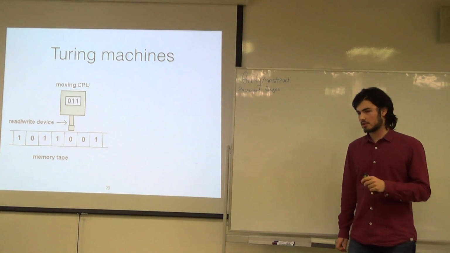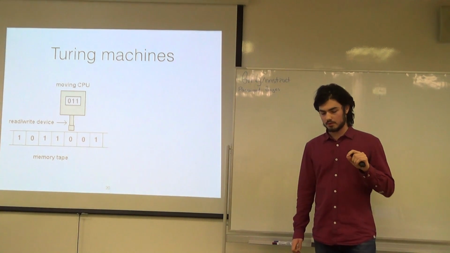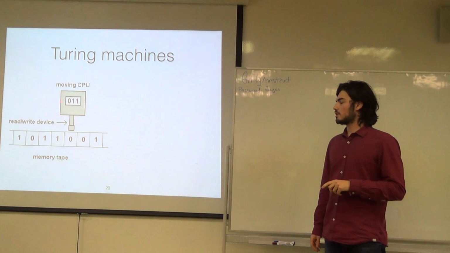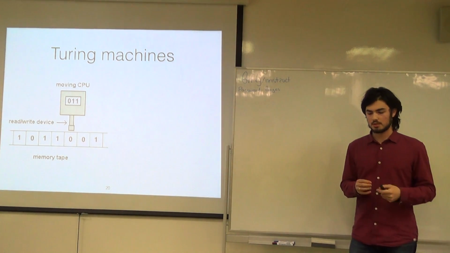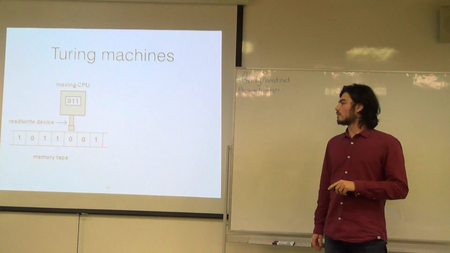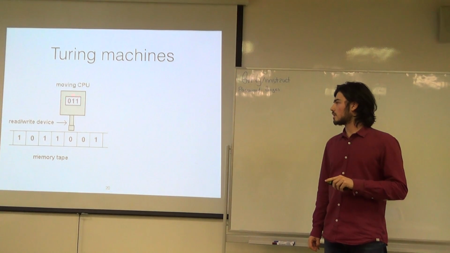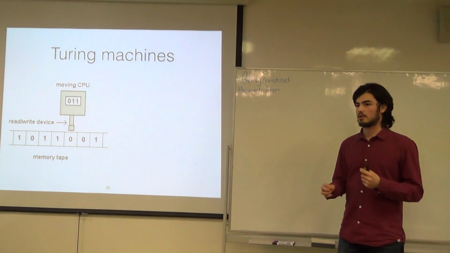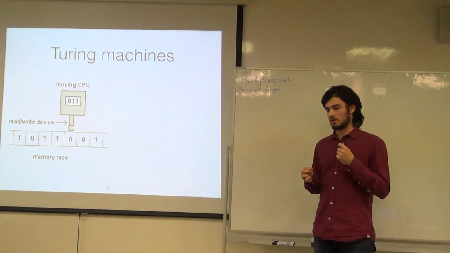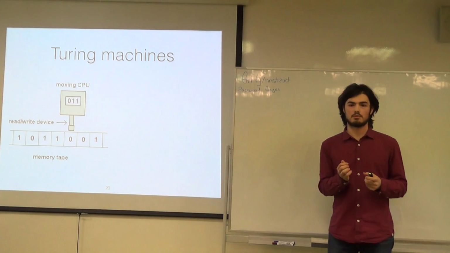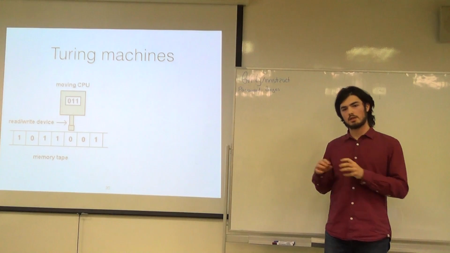And at each iteration, it can either move the head to the left or to the right. So it has some internal state, based on which it guides its decision. Each iteration takes the current value, takes the current state, and produces the new symbol for this element and an action, which can be either move the head to the left, move the head to the right, or stay here.